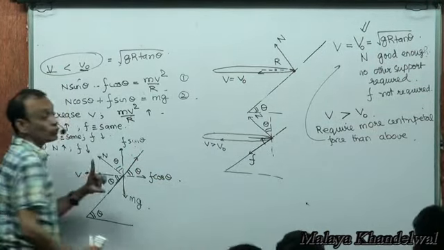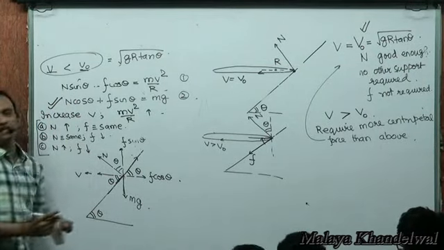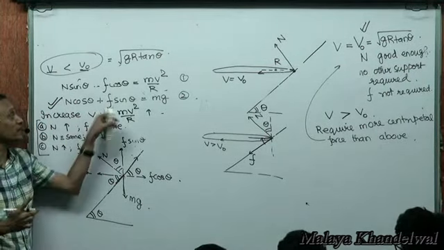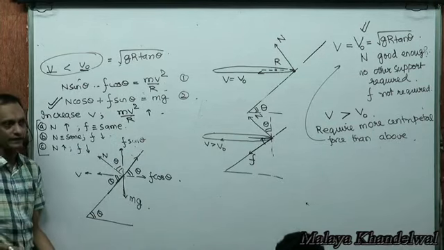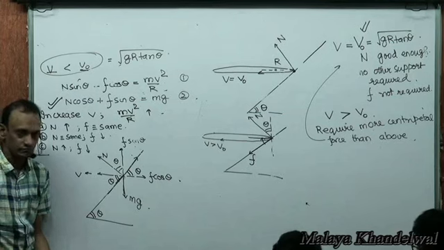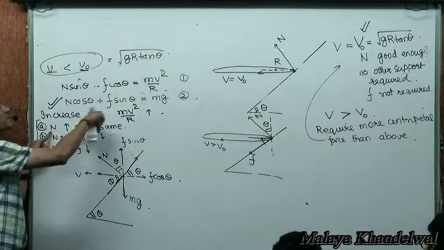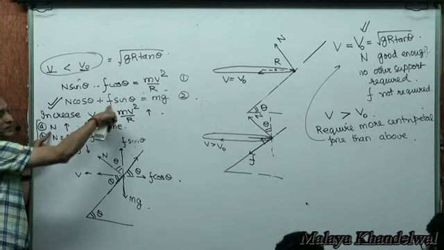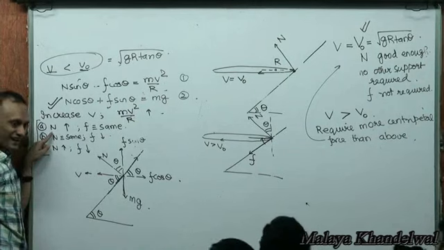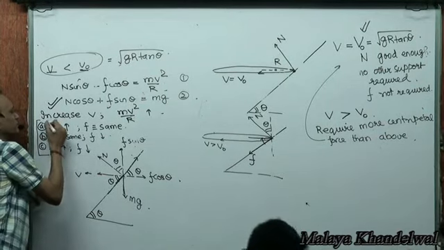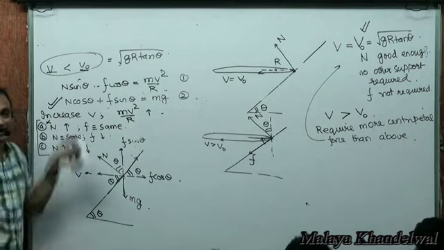But no matter what, this condition will always remain preserved. N cos theta plus f sin theta, at all times for all n and f that are pertinent, must balance the weight. Right? Now, look at this. If n increases but f remains the same, then this difference increases. It will become more than the weight. So I can't have A, because in A, this will not be maintained equal to the weight.